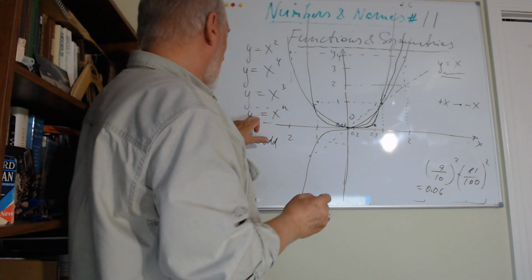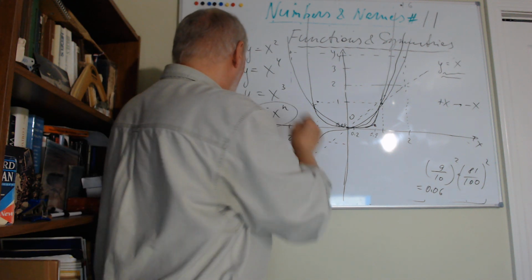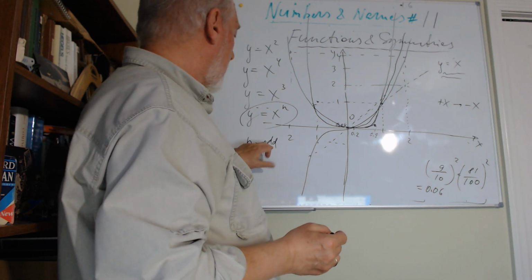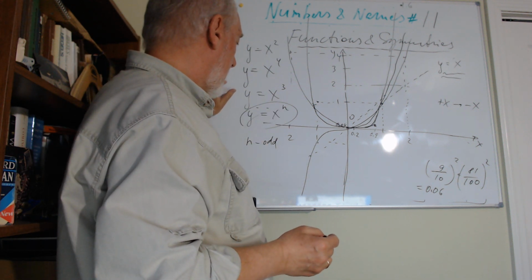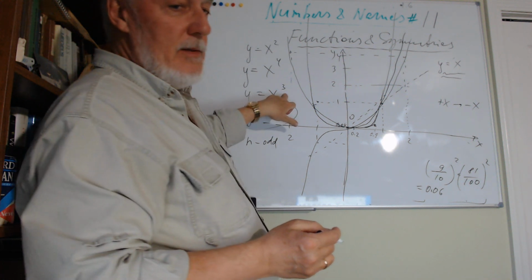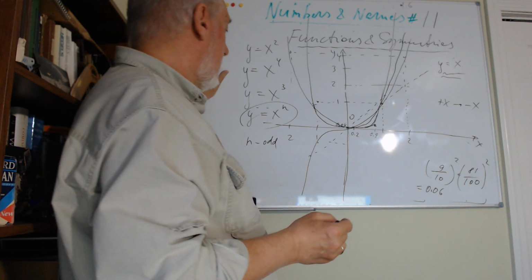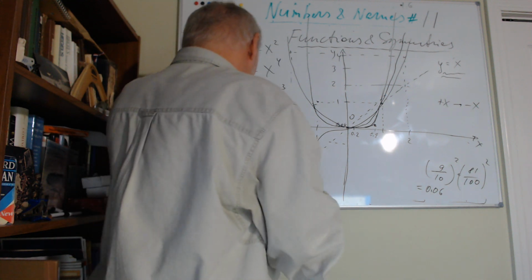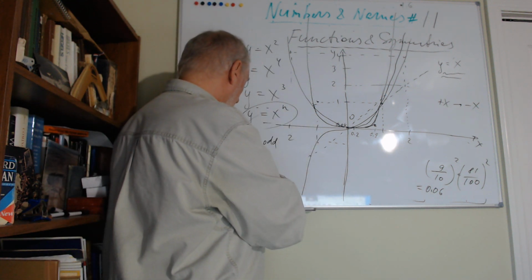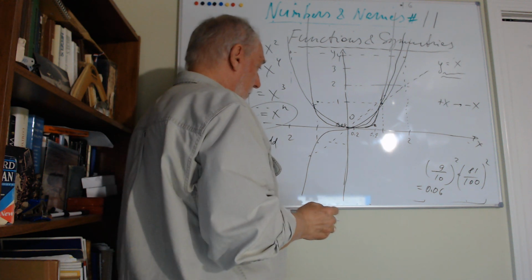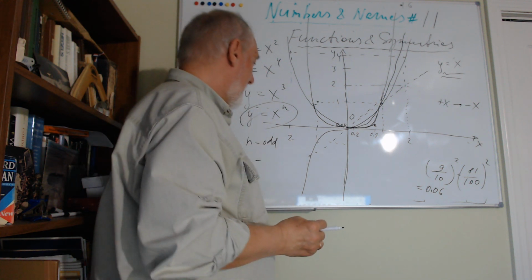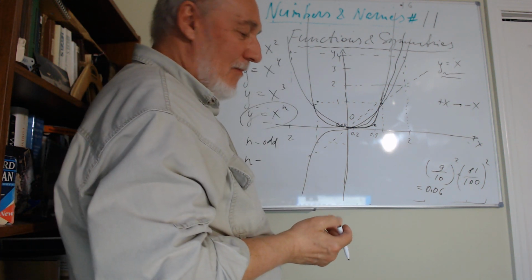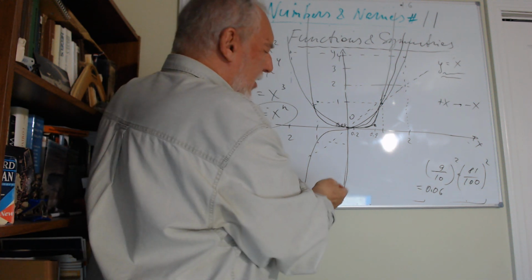What symmetry will be in y equals x to the power of n for odd number n? Is 3 an odd number? Yeah. So for n odd, what symmetry is it? What's the other type? Odd and what? Even.